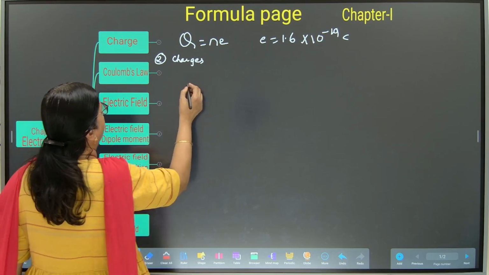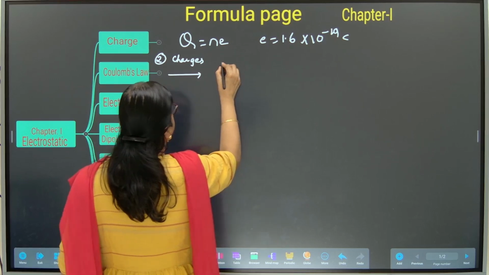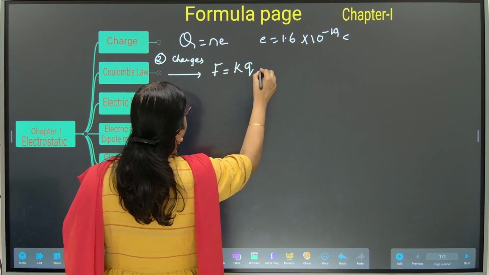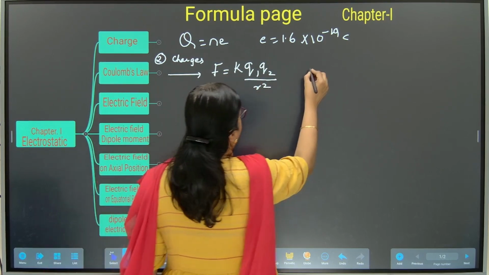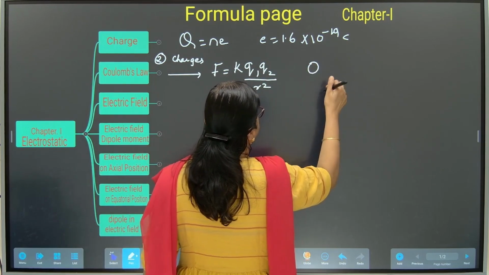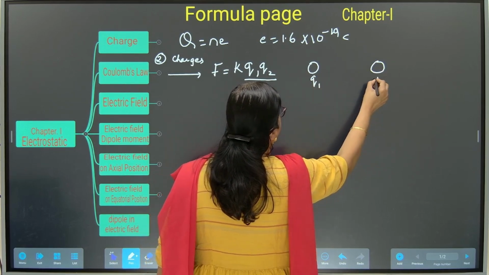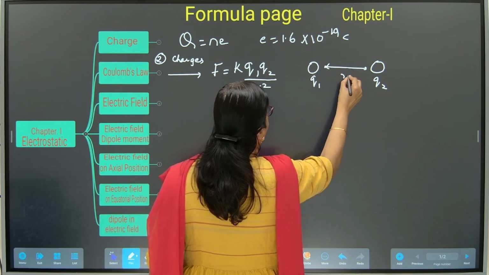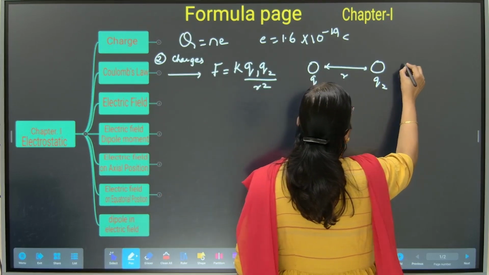That formula for Coulomb's law of forces is F is equal to K Q1 Q2 upon R square, where Q1 is the charge 1, Q2 is the charge 2. The distance between Q1 and Q2 is R. Fine? And K is also given.